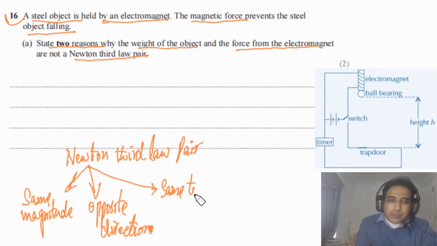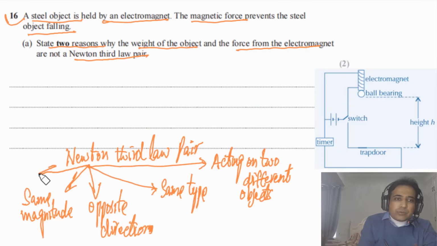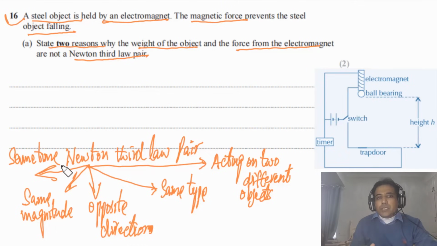Also, forces must be of the same type, and they should be acting on two different objects, not acting on the same object. And also these forces act for the same time. So these are the things you need to understand for Newton third law pair forces.